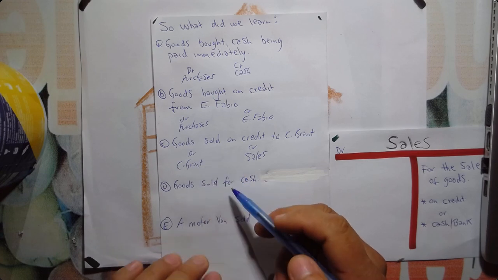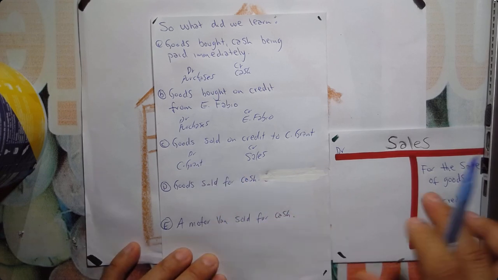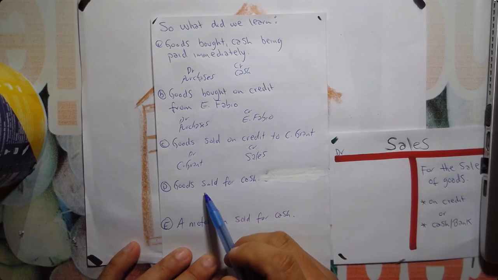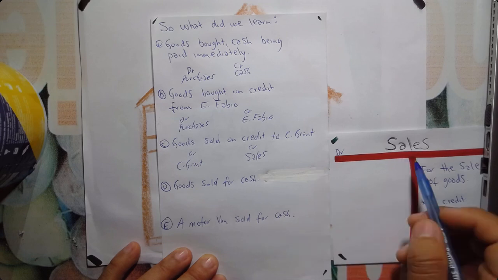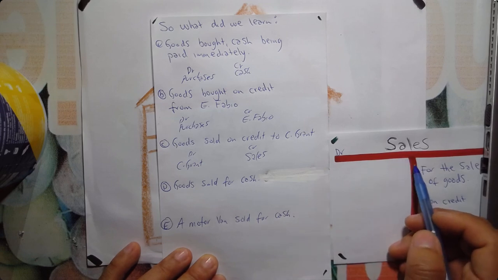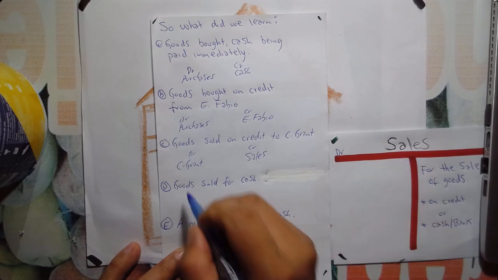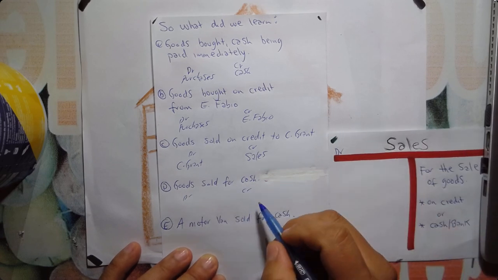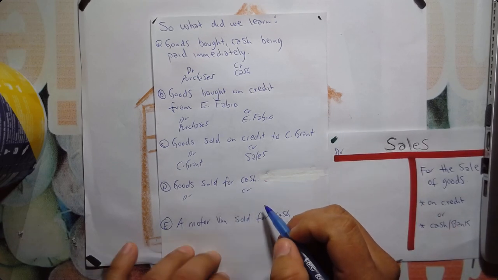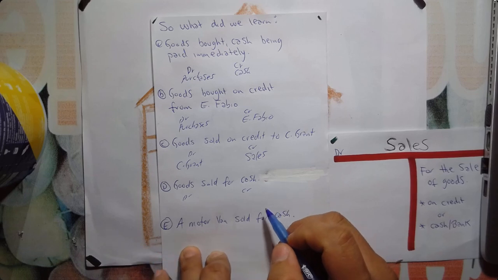Now, transaction D. Transaction D says goods sold for cash. In this case, again, we are selling, okay, so we have less inventory. So what will be the effect of a sale, specifically if it's goods, of course?